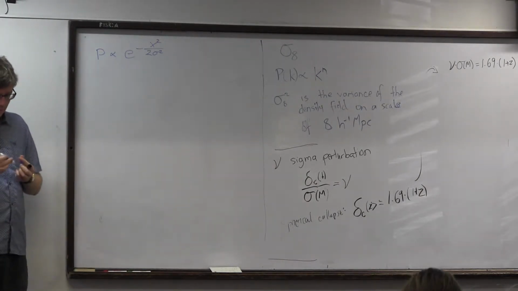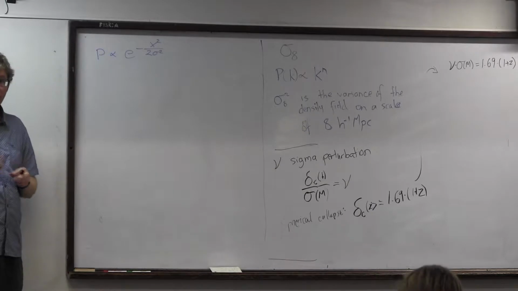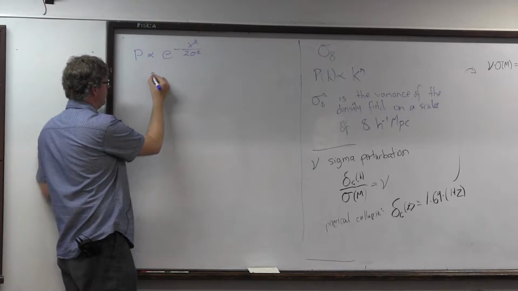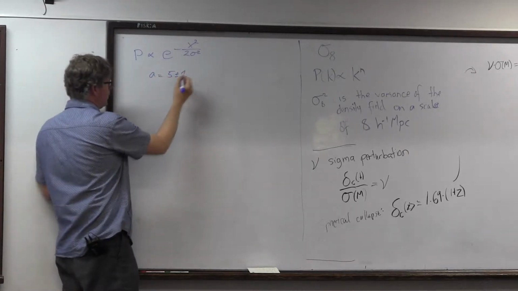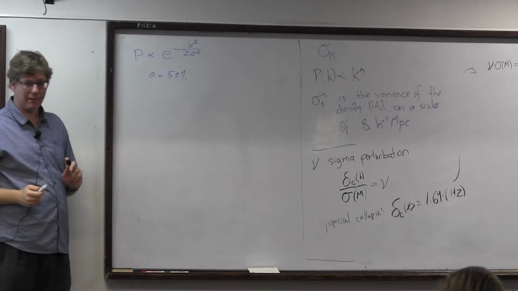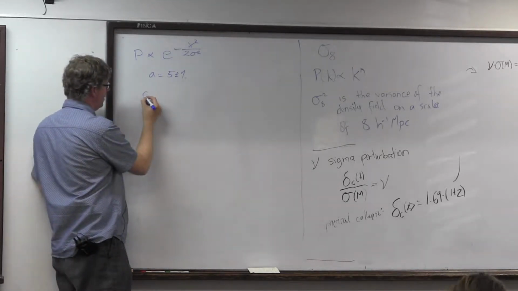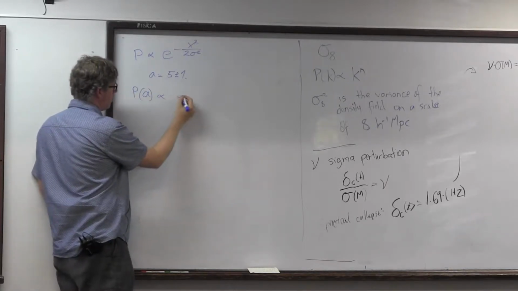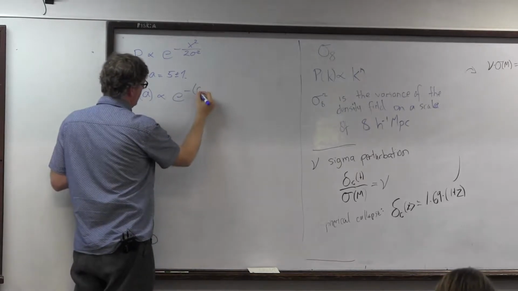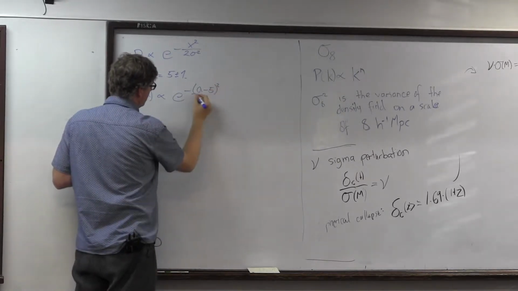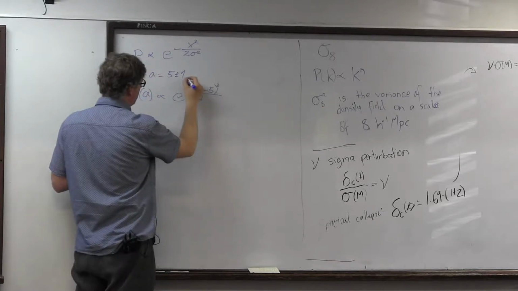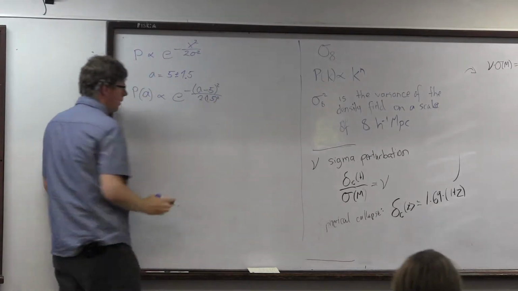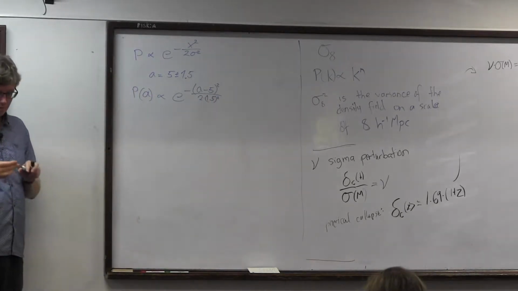And this is a Gaussian, and it's defined that when I give you an error bar, when I say A is 5 plus or minus 1.5, what I mean is that the likelihood of A is going to be proportional to e to the minus (A minus 5) squared over 2 times 1.5 squared.